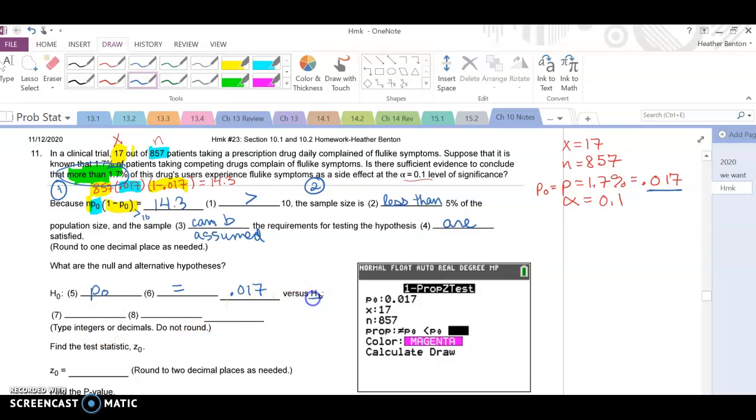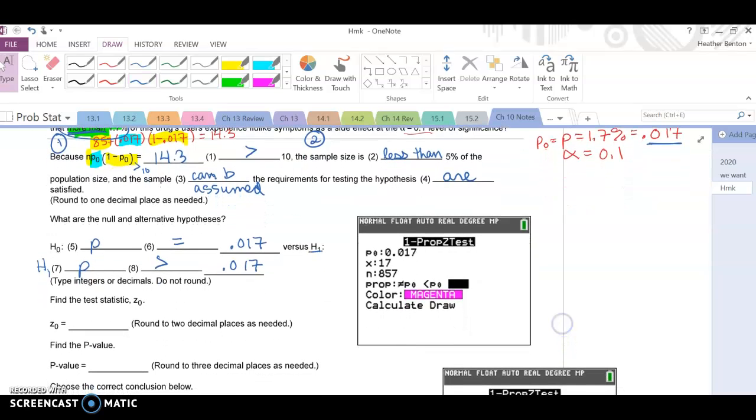And versus H1: P, they just call it P, I don't think you had a choice of it being P naught, is greater than, and it's greater than because of this "more than" right here, 0.017. So that's our null and our alternative.